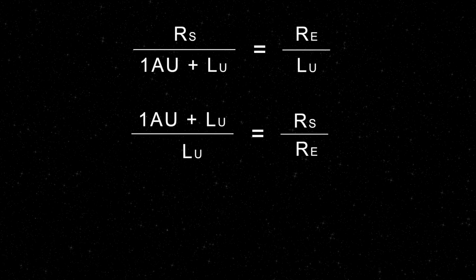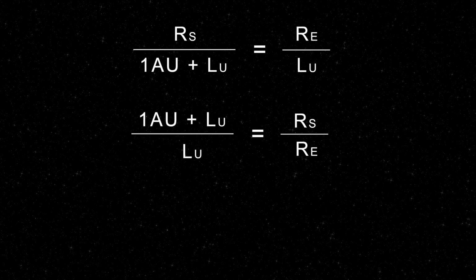Excellent. We can solve this and determine what the length of Earth's umbra is now. Our task is to get L sub u by itself on one side of the equation. By multiplying both sides of the equation by 1 AU plus L sub u, and also by dividing both sides of the equation by r sub e, and then swapping the two sides of the equation with each other to get all the L sub u references on the left, we have this result.